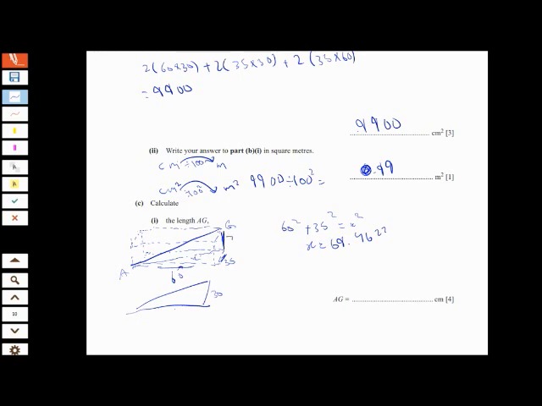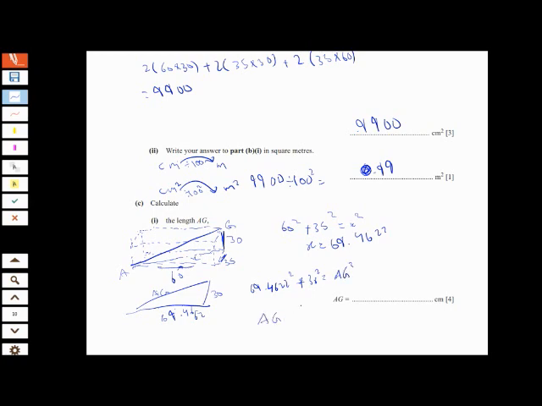And so we know this. We can use Pythagoras theorem again, because we know that this is 30 and x is 69.4622. So 69.4622 squared plus 30 squared equals AG squared.